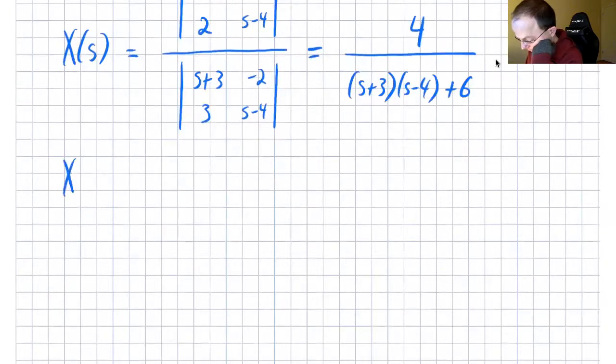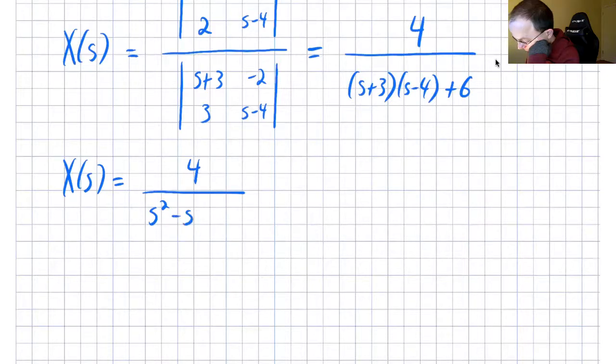Therefore, x of s is equal to 4 over s squared. That'll be 3 minus 4 is minus 1, so minus s, and then minus 12 and then plus 6.